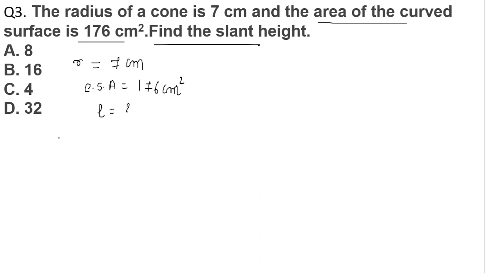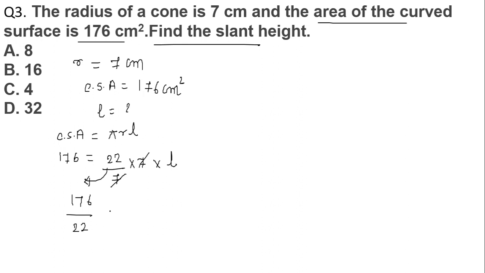So we know the formula for the curved surface area is pi r L. The value of curved surface area mentioned is 176 centimeters square. Value for pi is 22 upon 7. Value of radius is 7 centimeter into the length. 7 got cancelled. So 176, this 22, when it goes on this side, it will go in division.